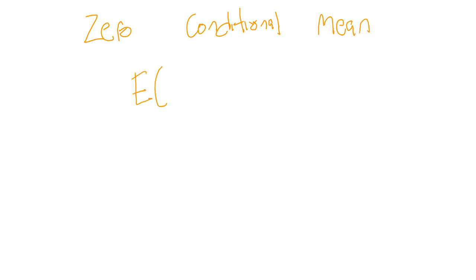So if you remember in our proof of unbiasedness, we relied on something called the zero conditional mean assumption when we were proving that the expected value of the sample slope is equal to the population slope.